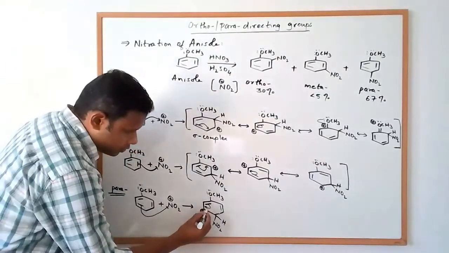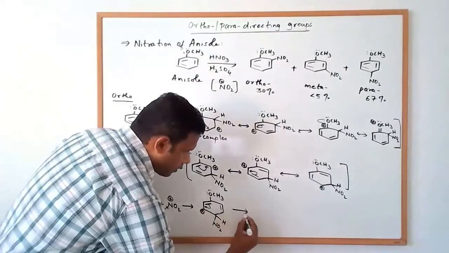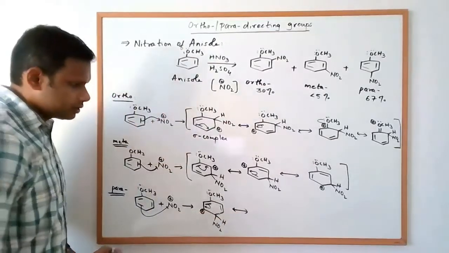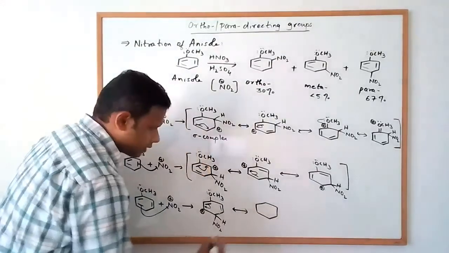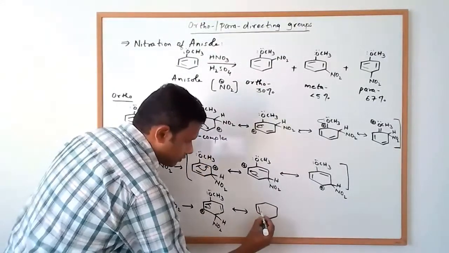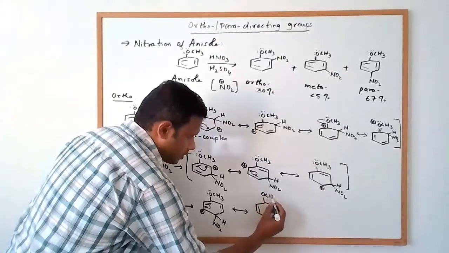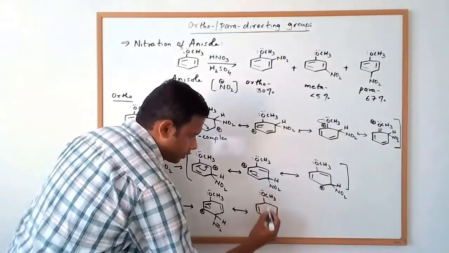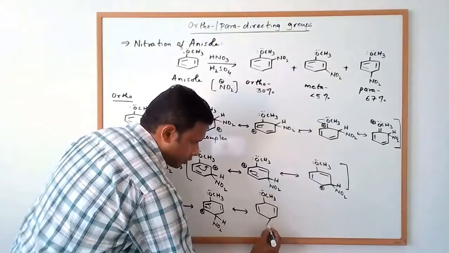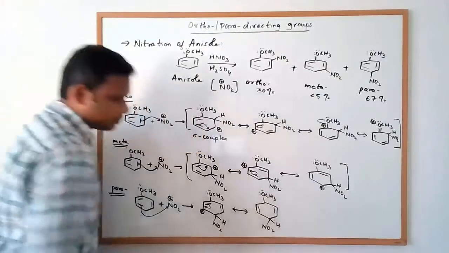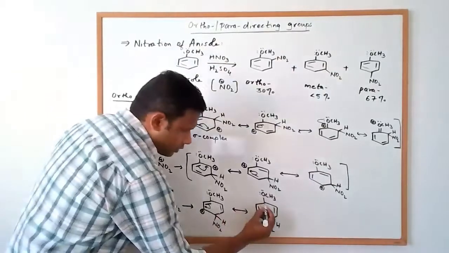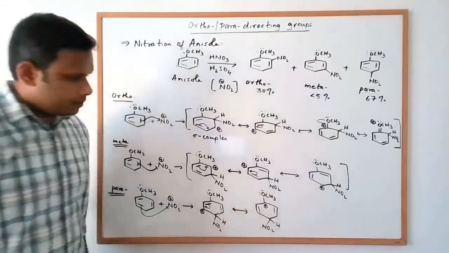And then we can do resonance on this sigma complex, where we can use the pi bonds in the ring. So we have double bond here, OCH3, lone pair, pi bond there, H and NO2. And the carbocation is over here.